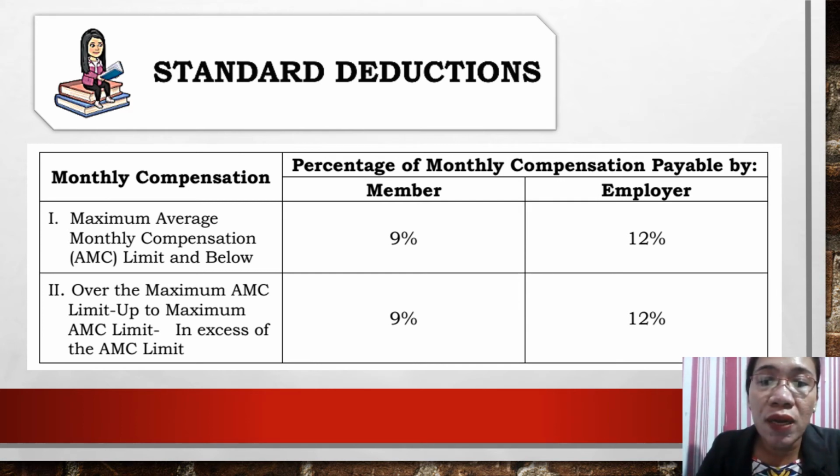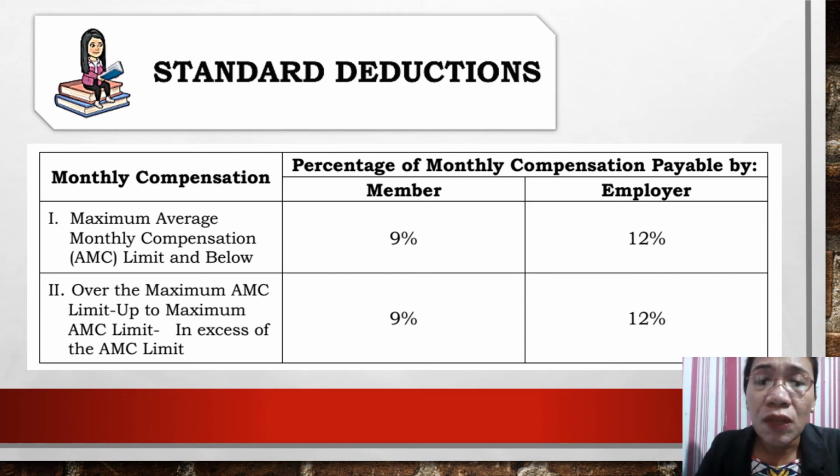Di ba sinabi ko kanina na 9% is being deducted to the payslip because you're a member. Pero ang employer, meaning yung government, yung department, sila lang magbabayad ng 12% para sa contribution mo.